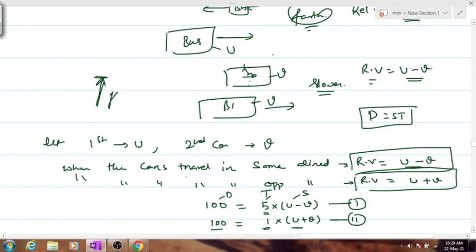Understood? It's not that he keeps on running. The distance is 100 kilometers only. After 100 kilometers, this car will stop and this other car is slower, na? So it will reach late. So they will meet in 5 hours. And if they go in the same direction, then they will meet in 1 hour. Might be the road might be like this.